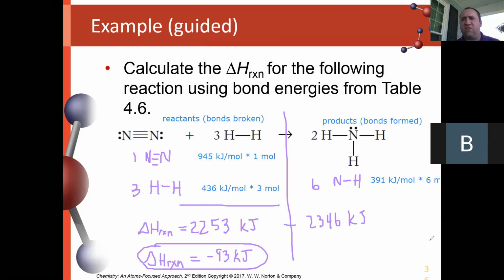And again, the sig figs for that one, since we are subtracting, the ones place is what is maintained because the ones place is the last digit in each of those values. So we round to the ones place, which gives us our negative 93.